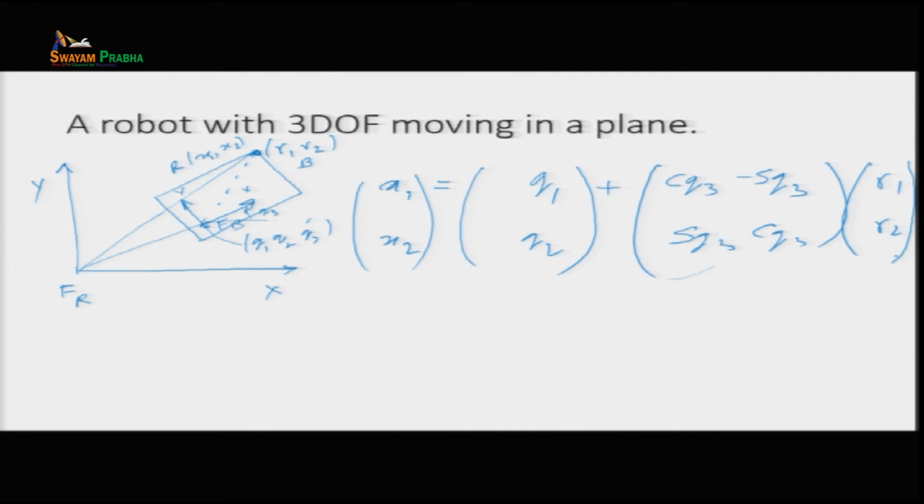This is giving me the relationship of this point here. So, let me mark the point with the red color. This is the point in the global frame given by this relationship.